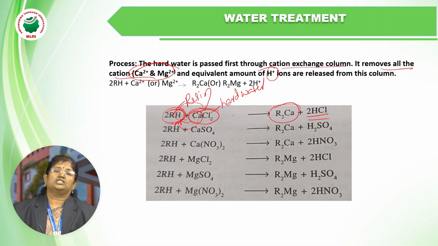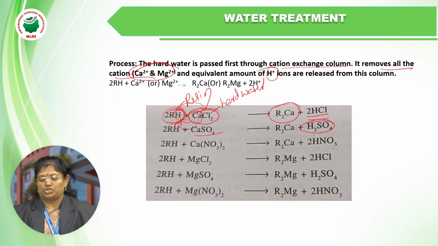As we discussed earlier, this resin is porous, having small pores on it. In those pores the calcium or magnesium is inserted and blocked into the resin, whereas the H+ ions from the resin go into the water. Likewise, if it is calcium sulfate, CaSO4, the output from the cation exchange is H2SO4.